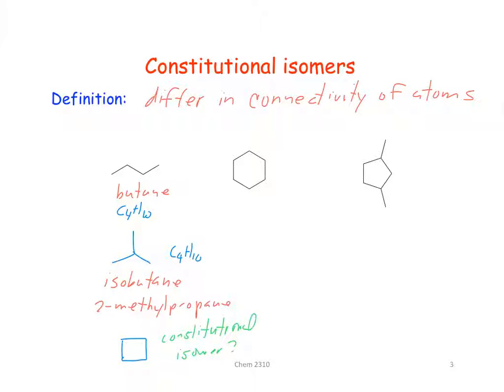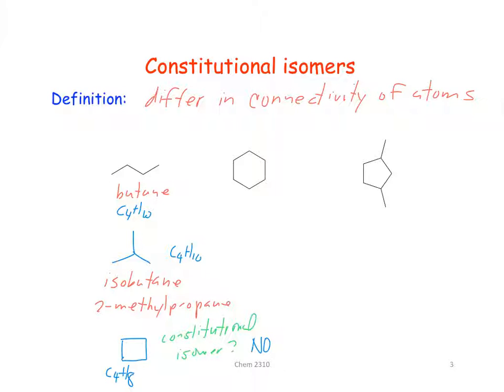What's the formula here? It still has 4 carbons, but how many hydrogens are there? There are 2 hydrogens on each of those carbons, so 2, 4, 6, 8. This is H8. Remember, that has an unsaturation, so this is not a constitutional isomer of the two above.